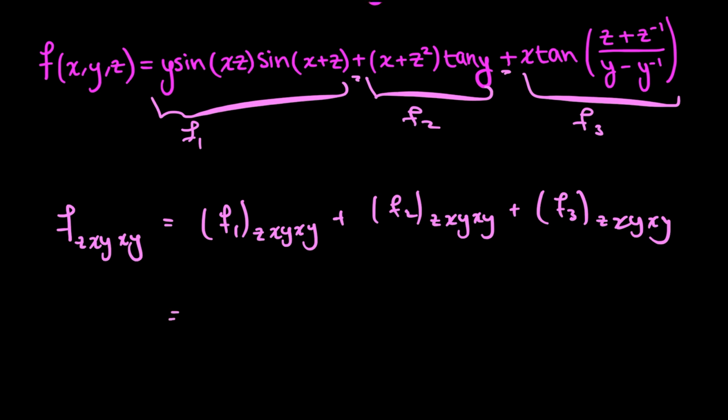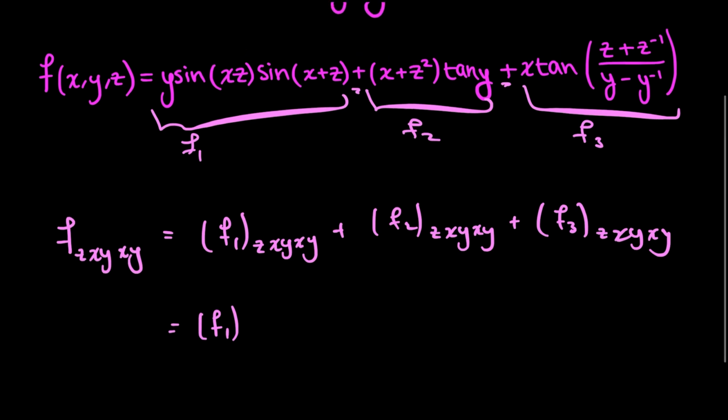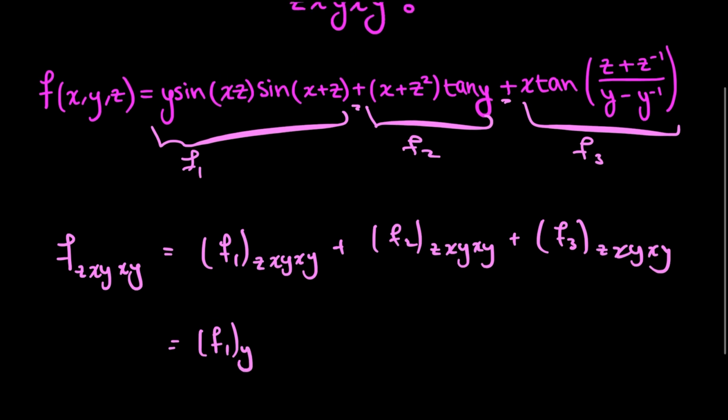Looking at the first function f1, I look at what variable I could use to take the derivative first to make things easier. My instinct is to do it with respect to y first, because I don't have a y term inside of the trig functions, and so if I take the derivative with respect to y first, it gets rid of the y term, and at this point the function is only with respect to x and z.